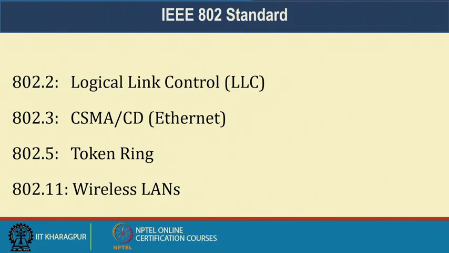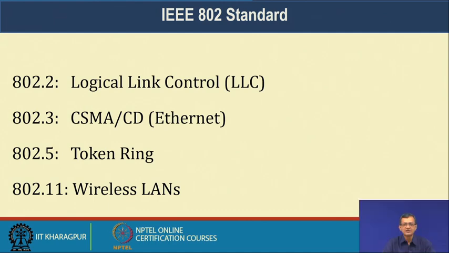So 802.2 primarily handles the LLC, 802.3 is the CSMA/CD or the predominant Ethernet protocol, 802.5 is the token ring, and the 802.11 series is primarily for wireless LANs or wireless connectivity. In the wireless domain we follow a protocol of CSMA/CA, and we will look into those things in our subsequent lectures.